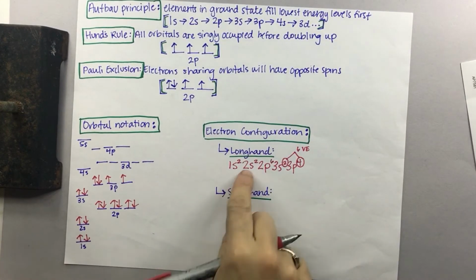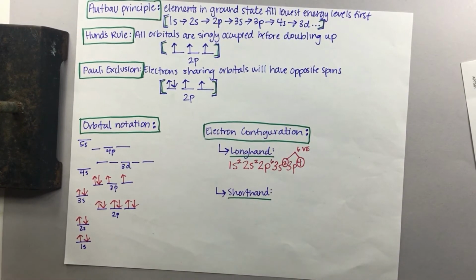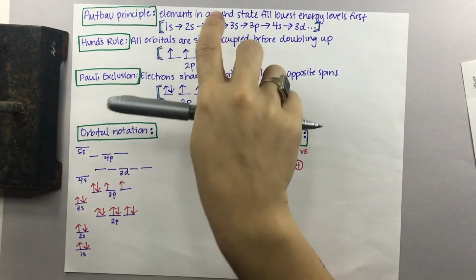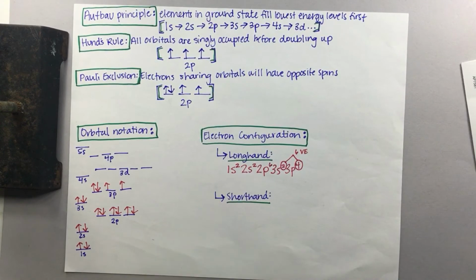So this makes sense. Now, if I were to do that same configuration in the shorthand, basically, somebody figured out that we don't want to write 1s2, 2s2, 2p6 every single time, because we already know that in ground state it's going to be the same every single time. So we're going to take a shortcut. This is shorthand, also called noble gas notation.